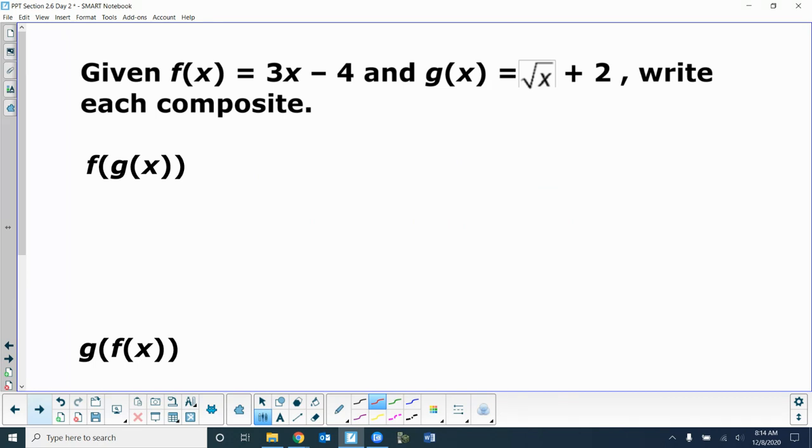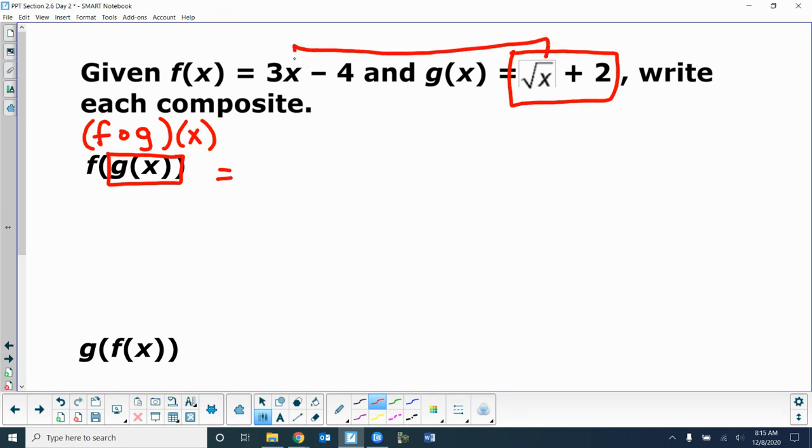All right? So I'm going to do this. Now this means F circle G of X. A lot of times we'll just say fog and golf. But we're going to do this first. So I'm just taking that answer and putting it in for X. So the g of x is the square root of x plus 2, I'm going to put here.